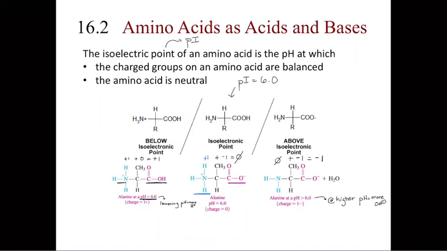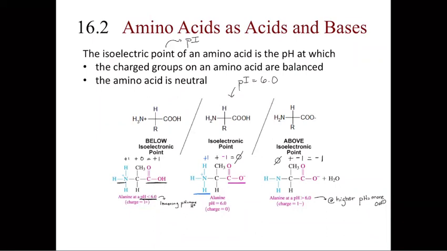So we can separate protein samples by fluctuating their pH and taking into account that now overall my molecule is going to have a different charge, and I can separate it from the sample that I'm studying. Any questions when it comes to the isoelectric point for an amino acid?